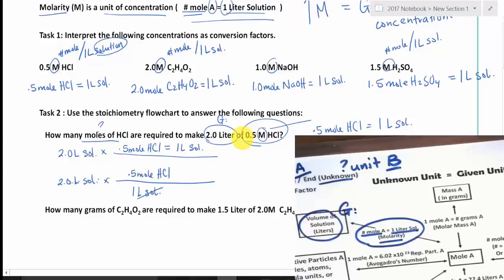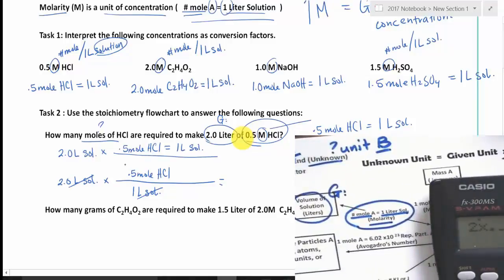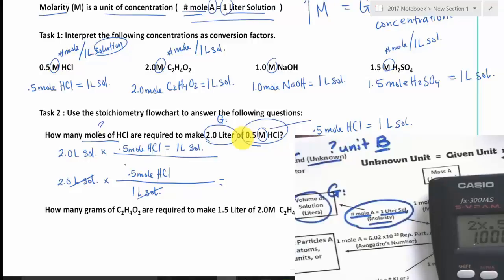You divide that together and the liters cancel out. And we have 2 times 0.5. What is 2 times 0.5? That gives us 1.0. So it's equal to 1.0 mole of HCl.